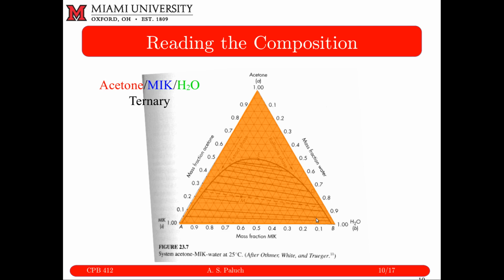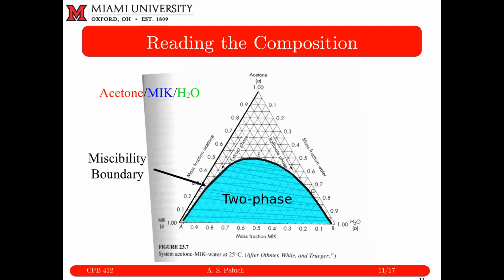Within the area of my triangle, underneath those axes, this corresponds to a ternary mixture. So I have my phase envelope within this ternary system. Underneath the phase envelope, beneath the dome, I have a 2-phase mixture. And so the curve corresponds to my miscibility boundary.